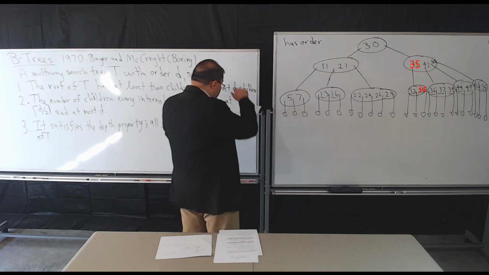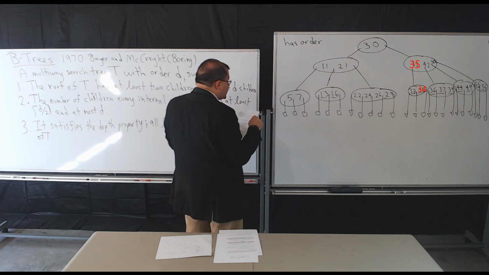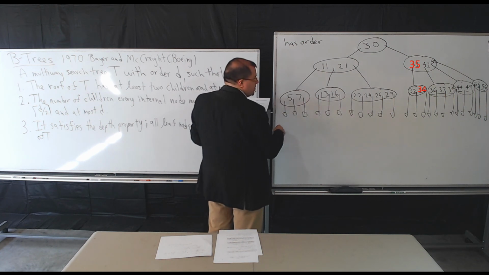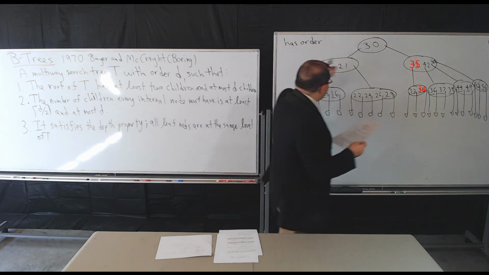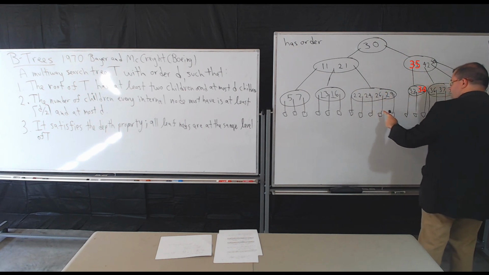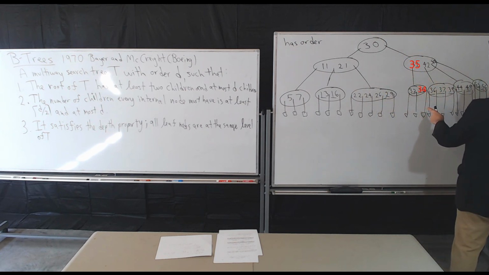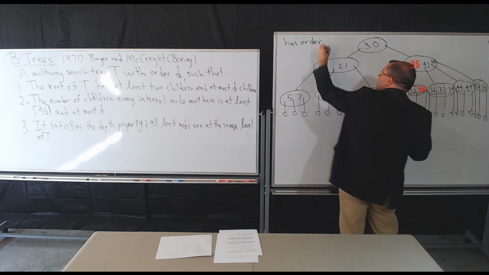What's the maximum number of children do I have in this tree? Let's find out. So I've got 2, 3, 4, 3, 3, 5. I got 3, 1, 2, 3. I have 4 on this one, 3, and 2. So the order of this tree is 5.